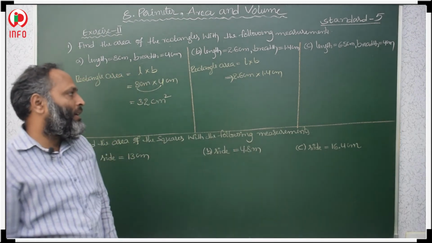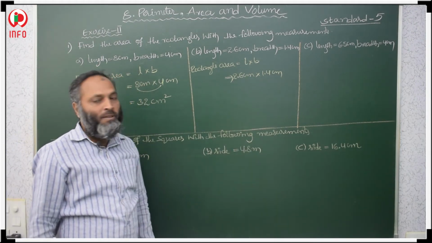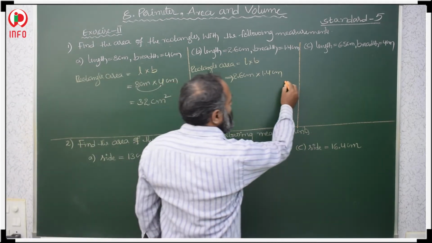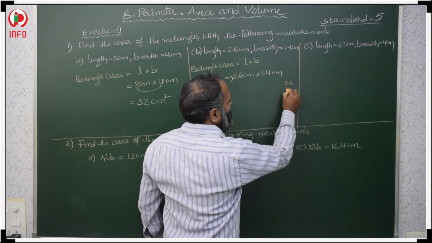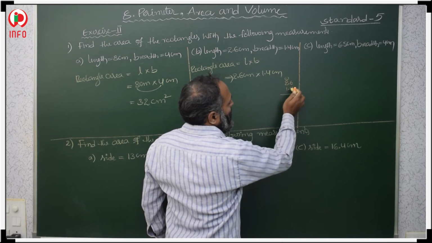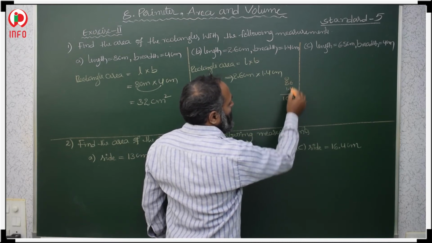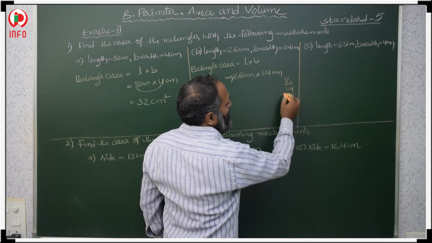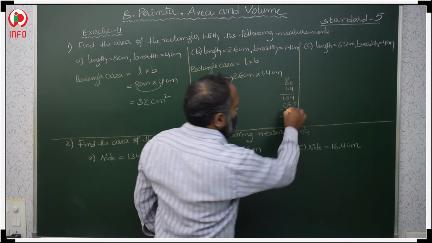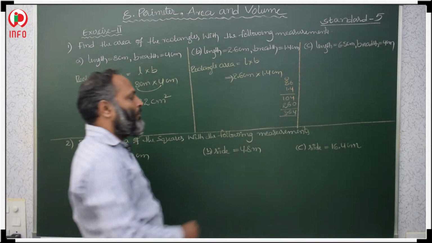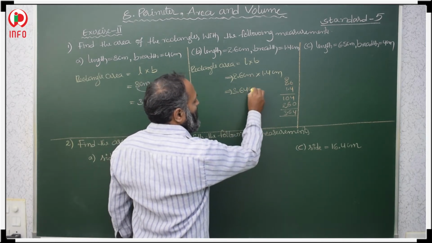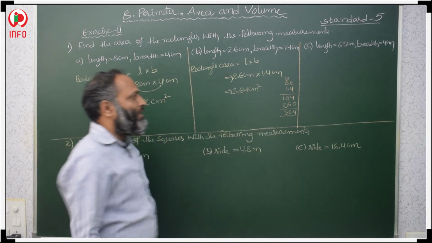So now we have to multiply 2.6 with 1.4, in the rough column. 4 6s are 24, 4 is 8, 9, 10. Then here 0, 1 6 is 6, 1 2 is 2, 4 6 3. After 2 digits we have to keep a decimal. 3.64. Here centimeters are the units, so we have to write square centimeters.